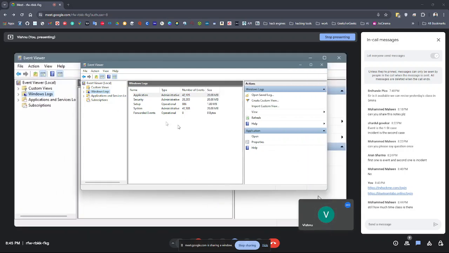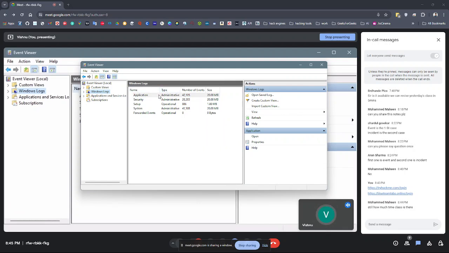You can see there are application logs, security logs, setup logs, system logs, and forwarded events. So these are the logs of my Windows. Now tell me where I can find the Windows firewall logs. If anyone knows, just tell me.